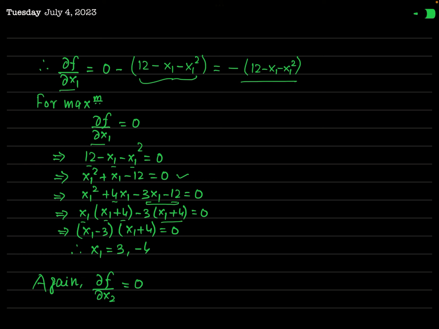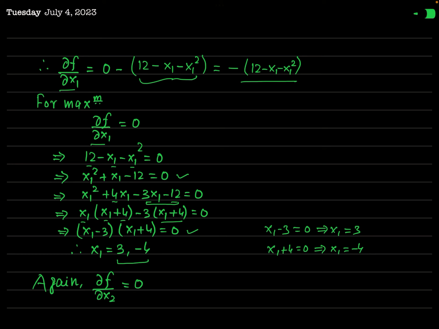And this is (x1 minus 3) times (x1 plus 4) equal to 0. Now equating x1 minus 3 to 0, you can see x1 will be equal to 3, and when we equate x1 plus 4 to 0, then x1 will be equal to minus 4. So in this way, differentiating the given function partially with respect to x1, we have obtained the values of x1, which are 3 and minus 4.